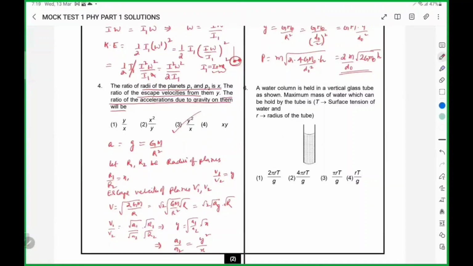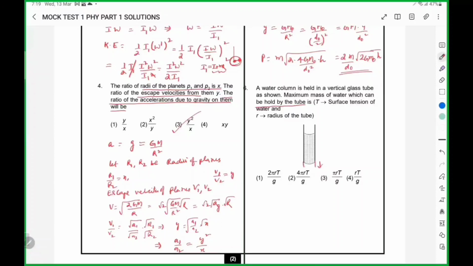So this one, the water column is held in a vertical glass tube as shown. Maximum mass of water which can be held by the tube. So here, water, obviously when it is in the capillary tube, it has to fall down.